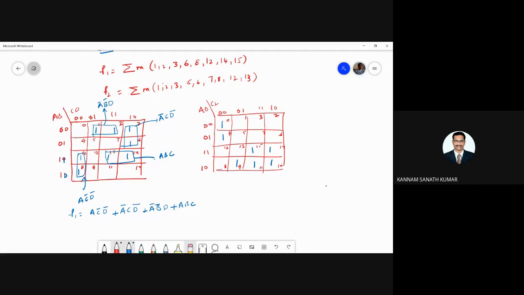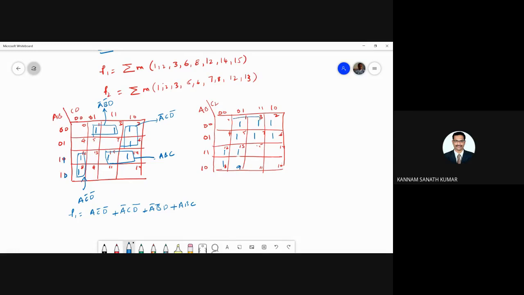So if you mark the ones for these minterms: 1, 2, 3, 5, 6, 7, 8, 12, 13.